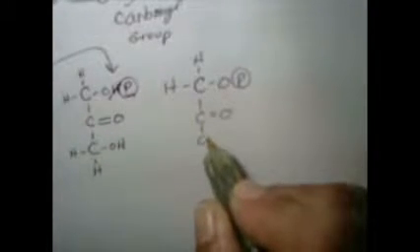And our finished product looks like this. Now, if we wanted to, we could make a simpler drawing, and we could say CH2OP on top, ketone, and CH2OH. You might see it drawn either of these two ways.